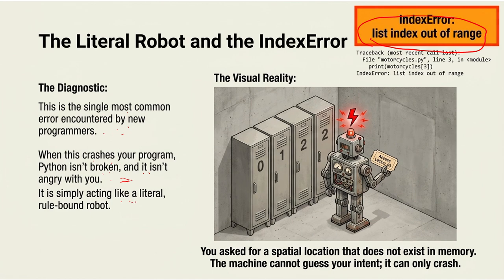It is simply acting like a literal rule-bound robot. In simple terms, you ask for an index, which they are calling a spatial location, that does not exist in memory. The machine cannot guess your intent, it can only crash.